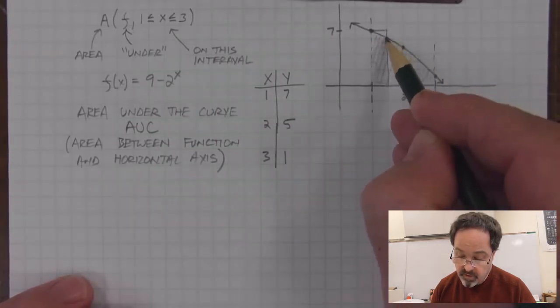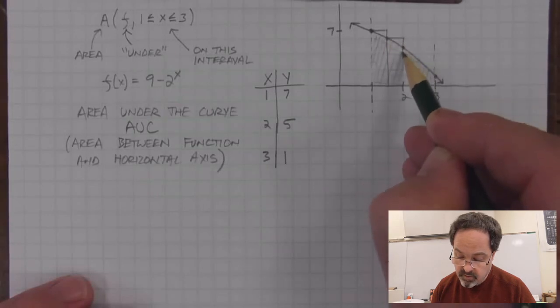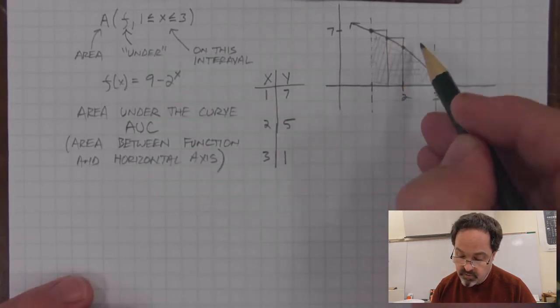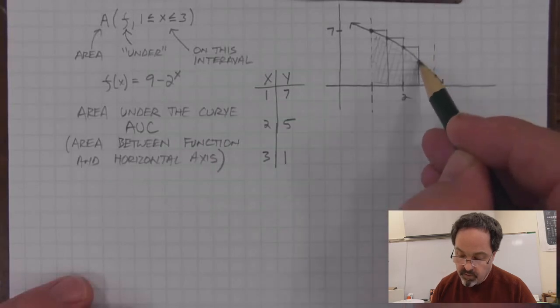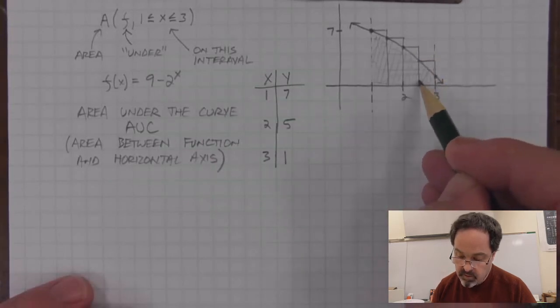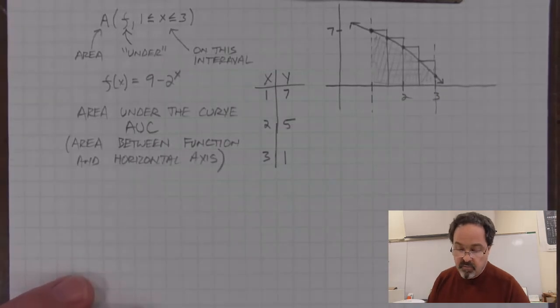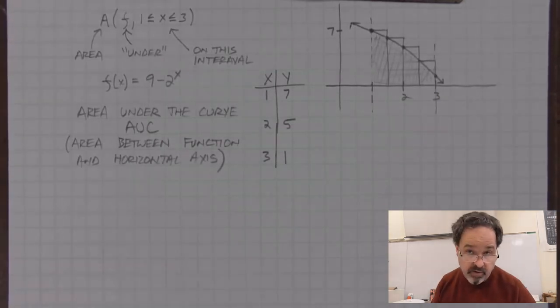because rectangle areas are easy to calculate, and I'm going to divide this region into 4 rectangles and think of my estimate as first finding the area of those rectangles and then adding them together.